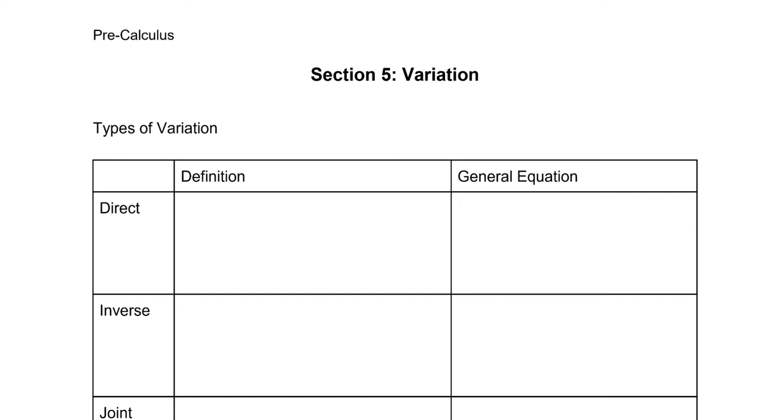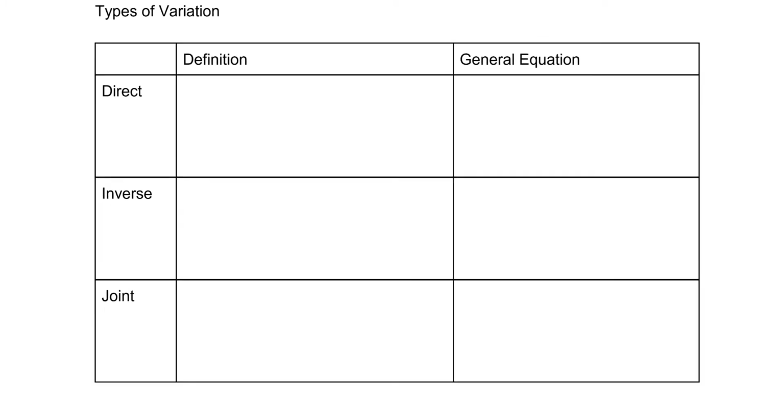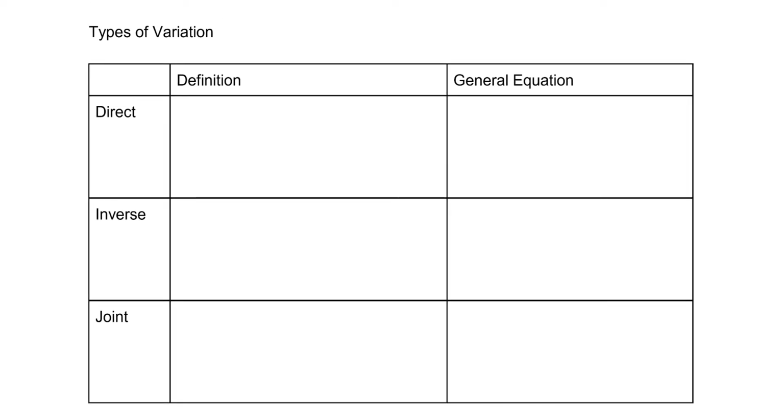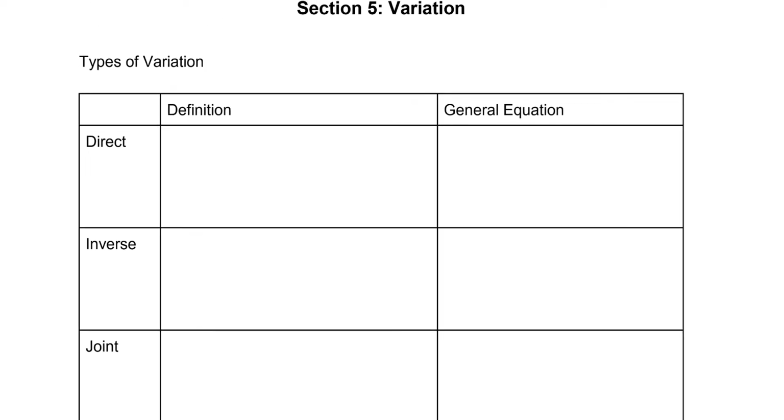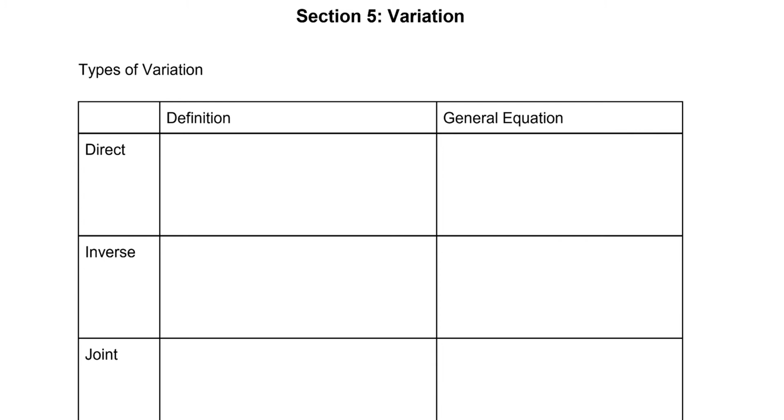There are 3 types of variation we're going to be talking about: direct, inverse, and joint. I'm going to give you the definition and then the general equation that represents that type of variation.